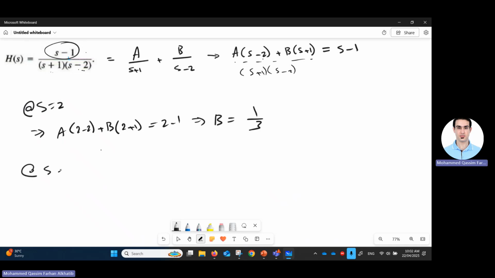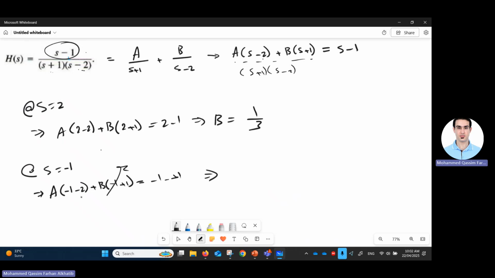Let's try the other case at S equals negative 1. So here, A(negative 1 minus 2) plus B(negative 1 plus 1) equal negative 1 minus 1. So in this case, this will be gone. I have negative 3 here, I have negative 2 here. A equal 2 over 3.